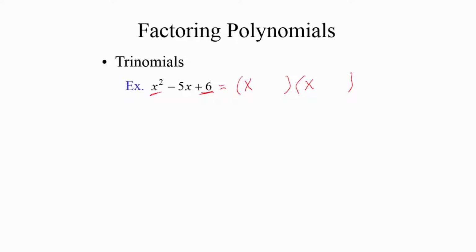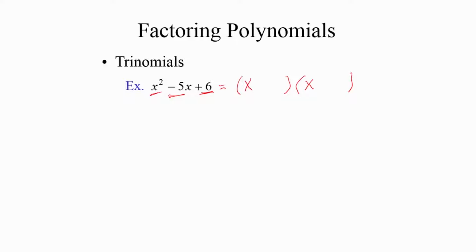Negative 2 times negative 3 would give me a plus 6. Positive 2 times positive 3 would give me a plus 6. So you have 4 choices. Only one of those is correct. Which one? The one that if you add them up together, you get a minus 5.